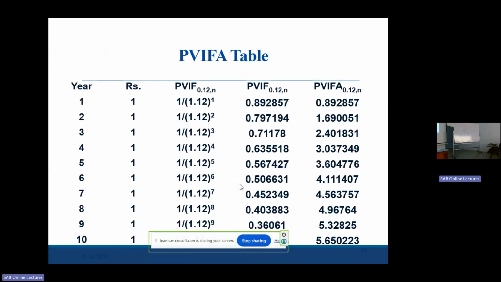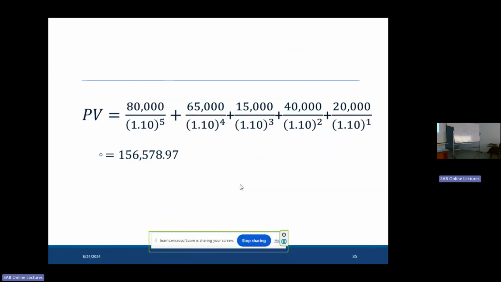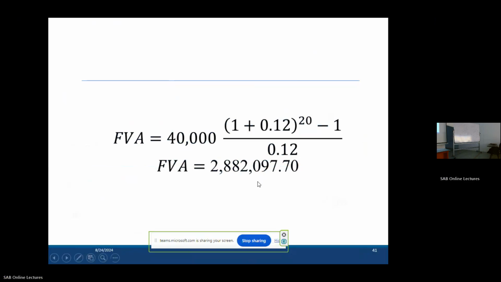Same 40,000: if you deposit it at the end of the period, at the end of 20 years, you will get 2.8 million, 82,097.